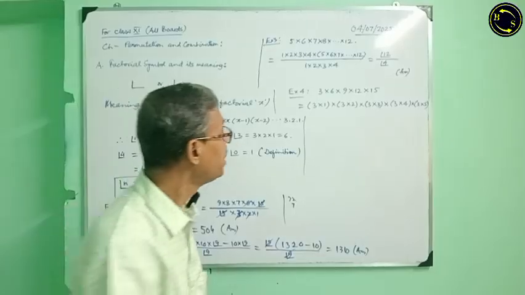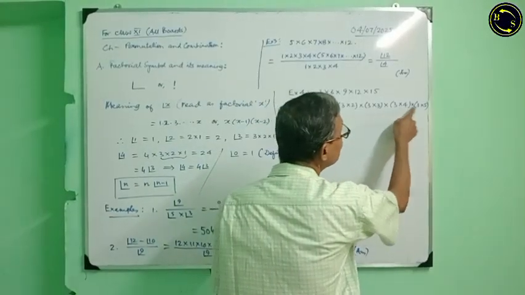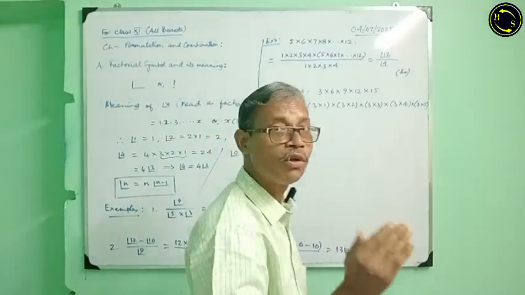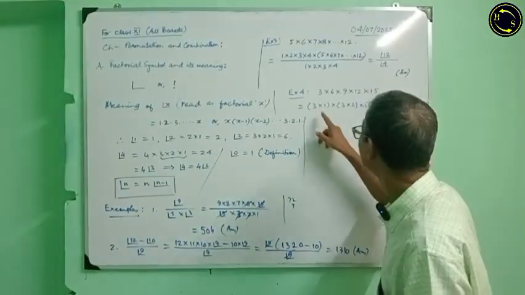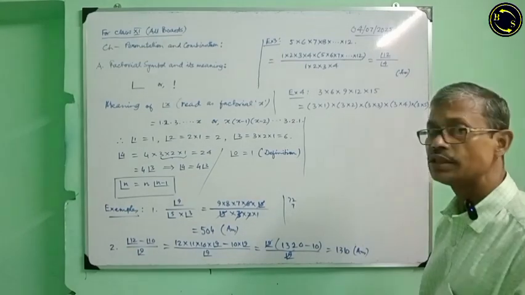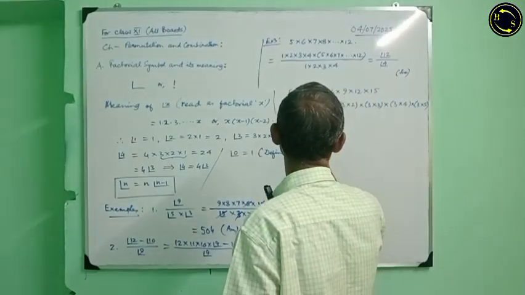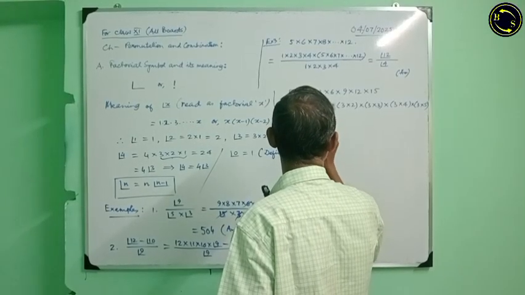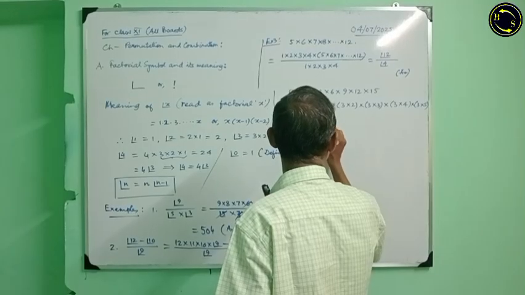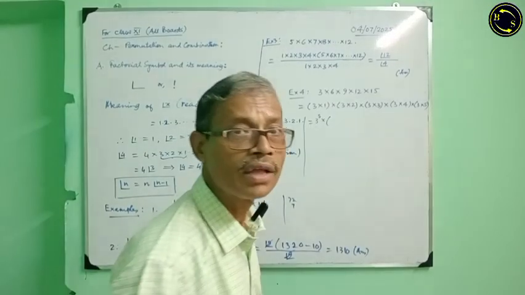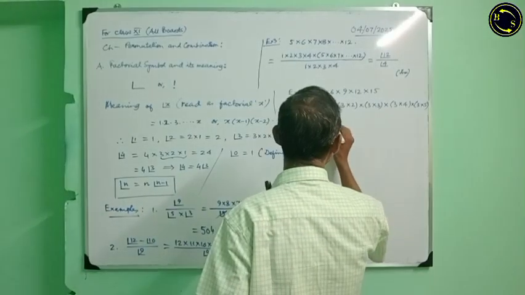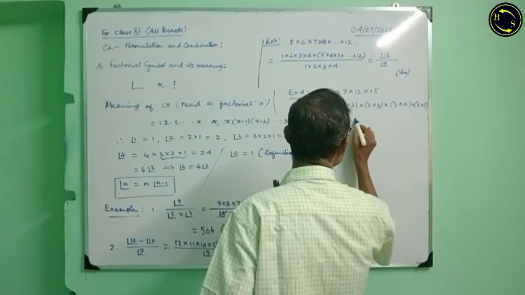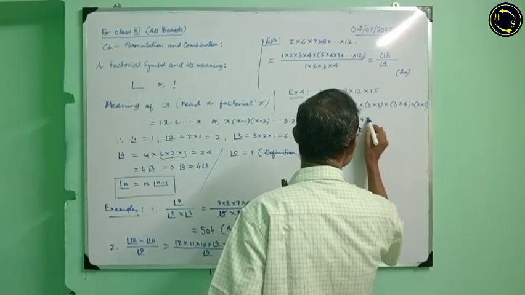Now you see each group contains 3 as a factor. Therefore, I first take all the 3. How many groups are there? 1, 2, 3, 4, 5. Therefore, 3 to the power 5 is taken first, into the product of the other factors, that means 1 into 2 into 3 into 4 into 5.